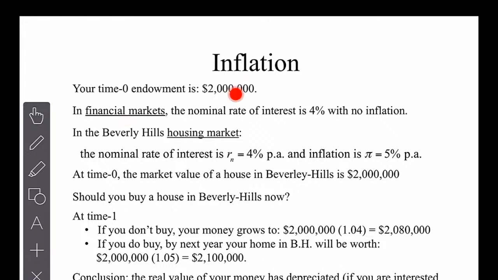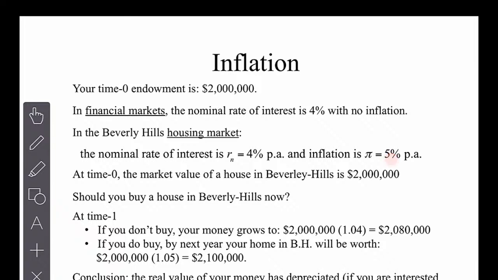You start out with $2 million. In financial markets, the nominal rate of interest is 4% with no inflation. In the housing market, however, in Beverly Hills, the nominal rate of interest is 4% per year, but inflation is 5%. So housing prices are increasing. Well, not right now, during the pandemic, but there's usually inflation in the housing market.